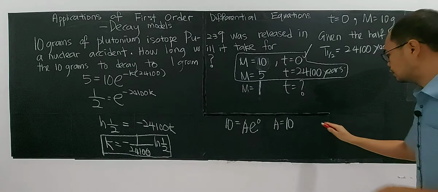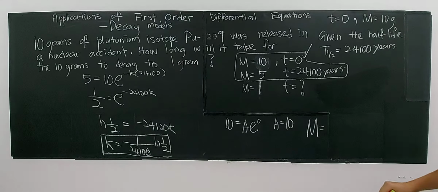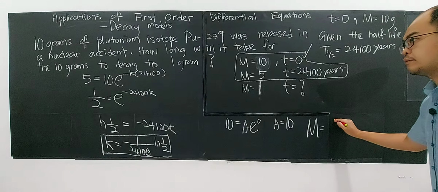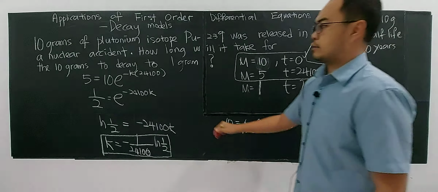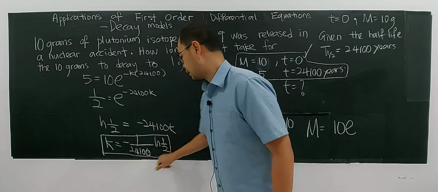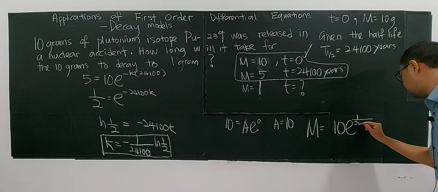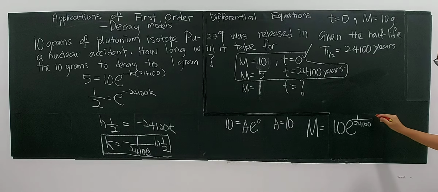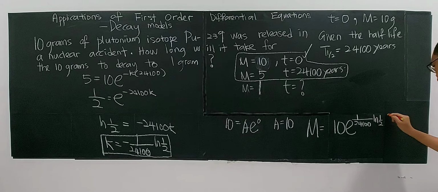M equals 10 exponential negative kt, where negative k becomes positive 1 over 24,100 ln 1 over 2.